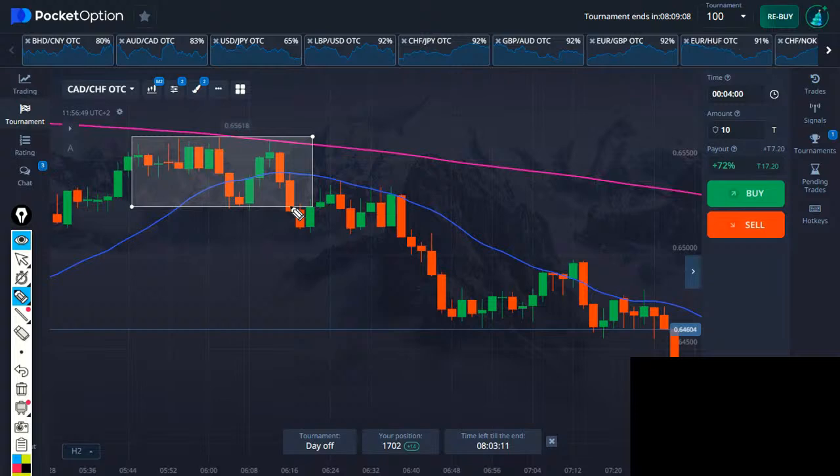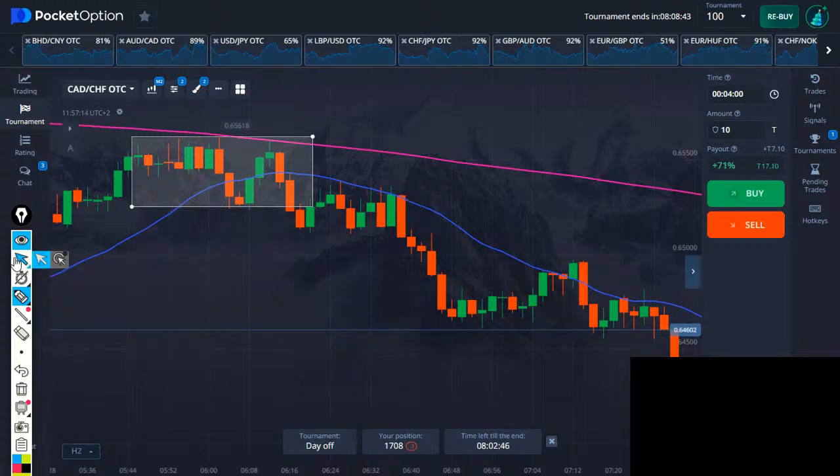In this case, it wasn't a powerful break of structure to the downside, so you wait until the price goes back to the 20 line. In this case, the 20 line will serve as a resistance level. You wait for a clean break of structure over here with a powerful 2 minute candle without any big wicks.